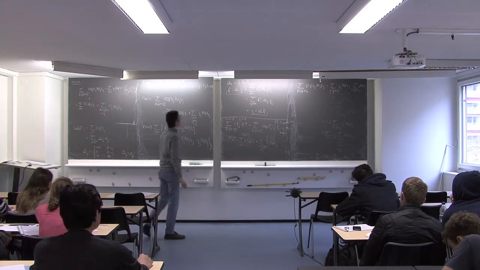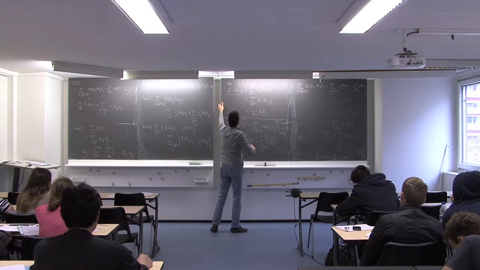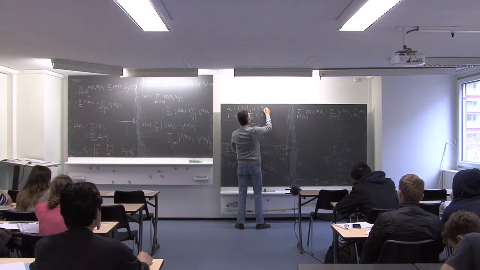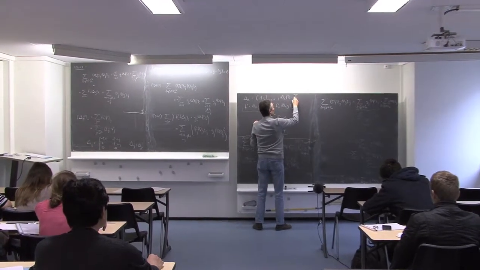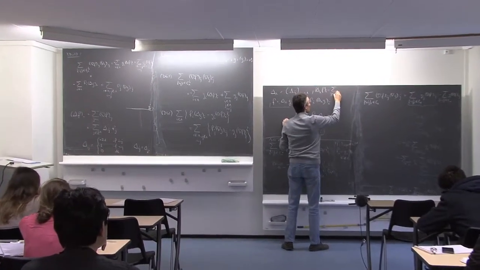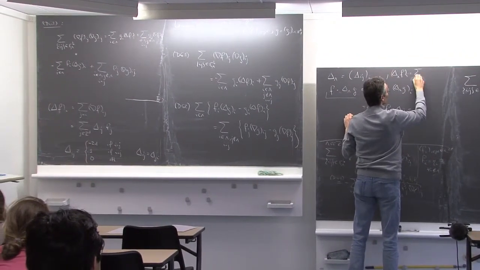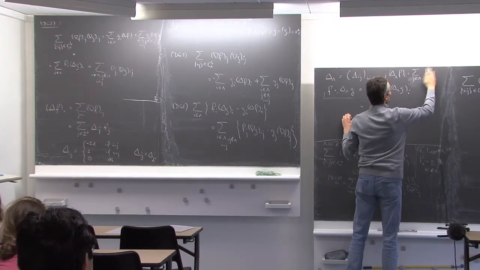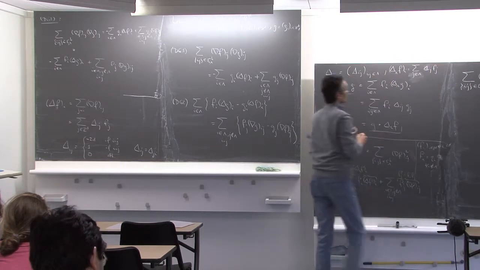I'm making a mistake when I do that, of course, because delta lambda is just, let me write it somewhere. In particular, delta lambda of f at i is the sum over all j in lambda of delta_ij f_j.